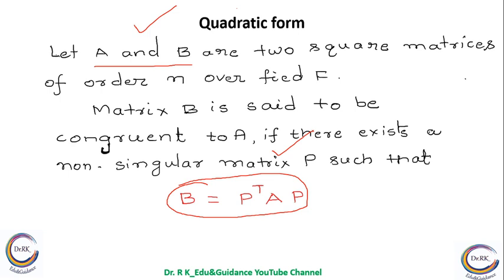If there is such a relation, then we say the matrix B is congruent to A. So this is one of the important relations for us throughout this quadratic form concept. This is in terms of matrices, right? So two matrices are said to be congruent if they have this relation B equals P transpose AP, right?